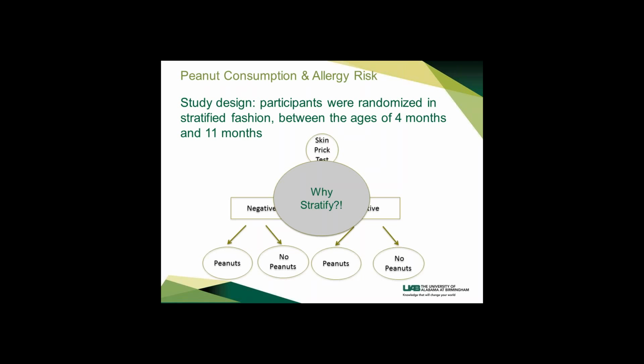Yeah, so it's similar to the answer of, we want to have balance, but in this case, this skin prick test might tell us who might have a higher propensity towards having an allergy. So if you have a positive skin prick test, then you might be more likely to have an allergy. So to ensure that we're not confounding this result by that, they stratified.